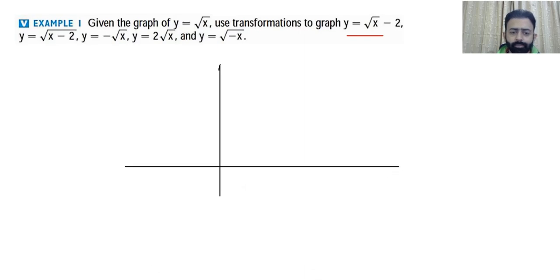So this is your, let us say, root x. Fine. Let me stretch this to negative also, because I think there are negative transformations.